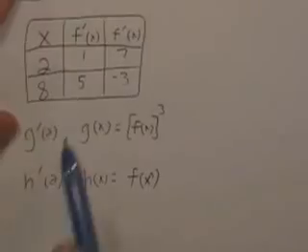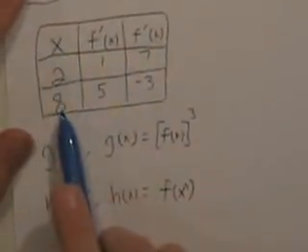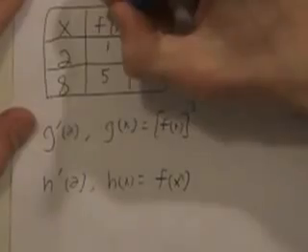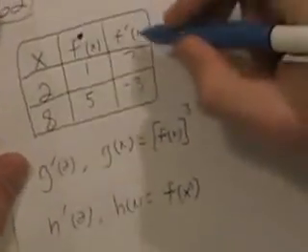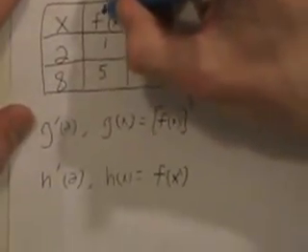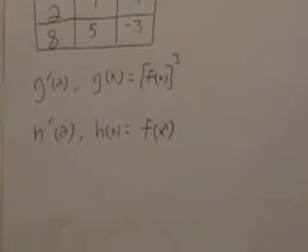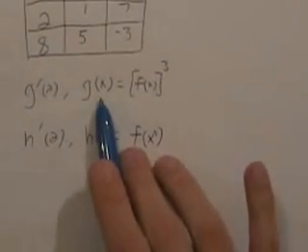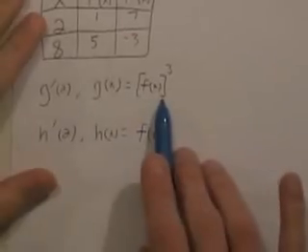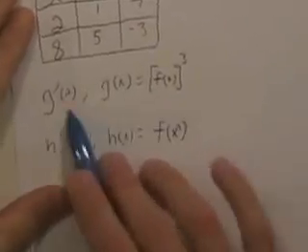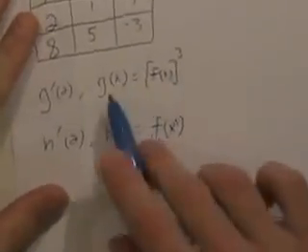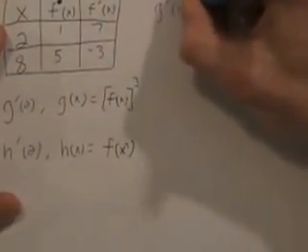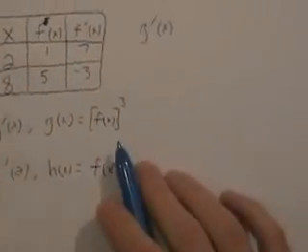So what they do is they give you this chart here, the values of x, values of f prime, and this should be a regular f. And this is an f prime. So they define these other functions g and h. G is a function of f of x, and they want g prime of 2. Before we go to find g prime of 2, we need g prime of x, and we use the chain rule for that.